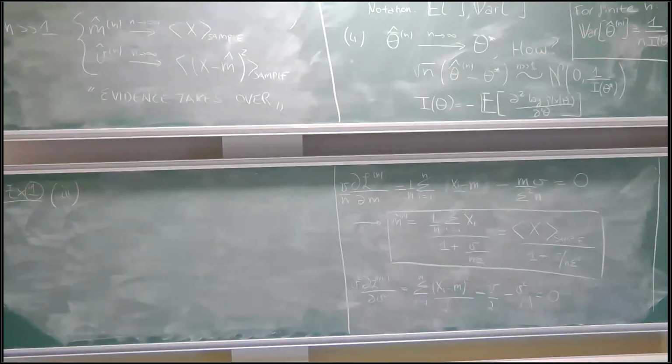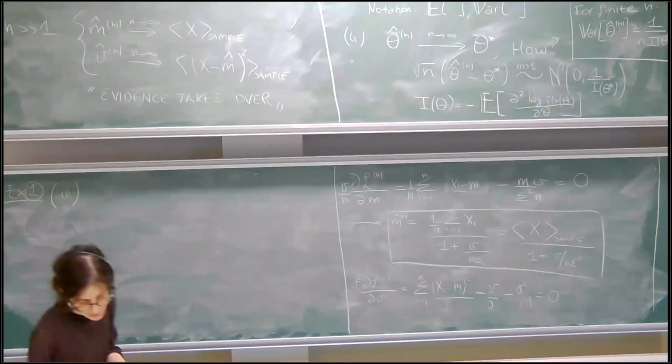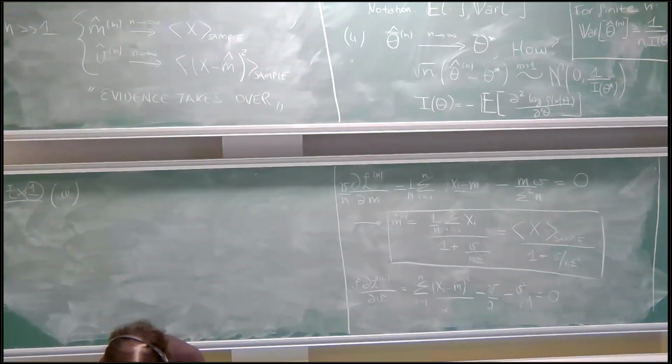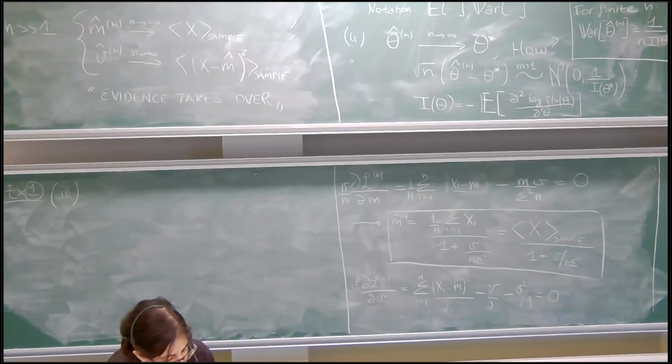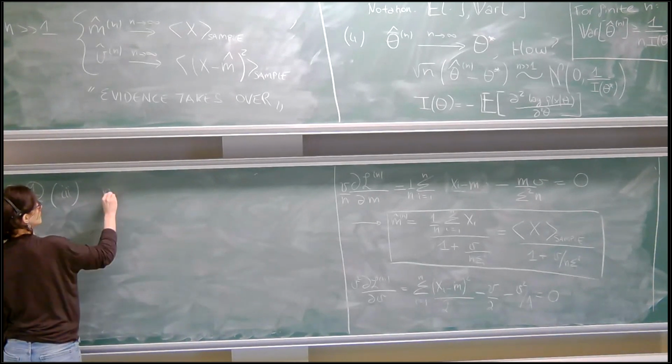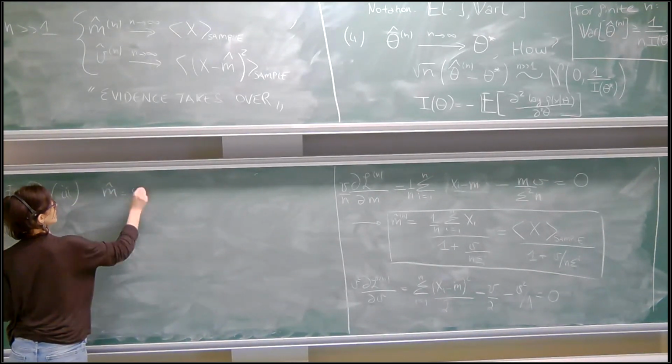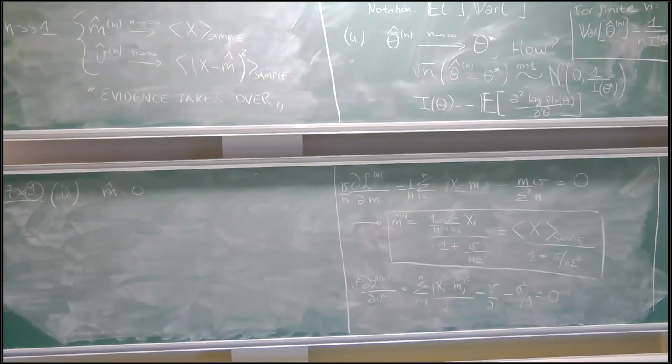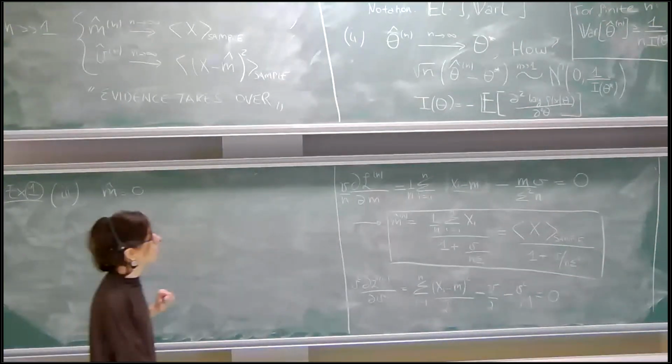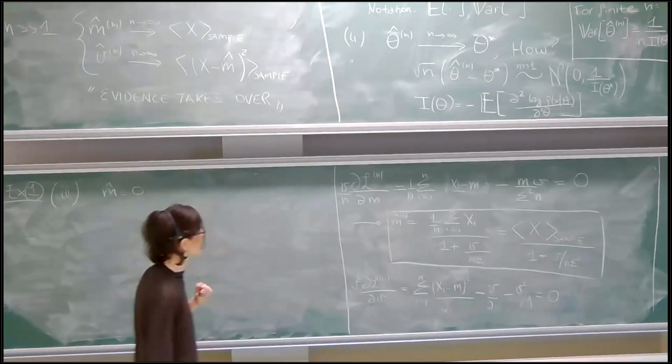Okay. So let's go to point 3. And point 3, I think it tells you the following. Suppose that now we know that our average is equal to 0, so we can set it to 0. And we have no prior information on our variance.